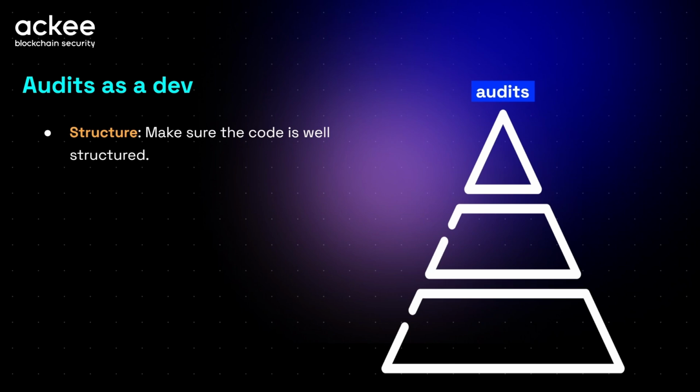The second part is from the auditor's perspective: when the structure is clear and the code is well structured, we can understand the smart contract faster. We can also better navigate in the smart contract. Maybe when you have a good structure, you don't end up in situations where you have some logic specified actually two times.